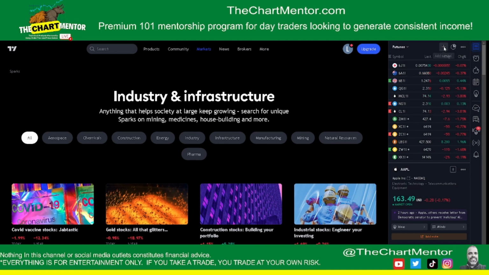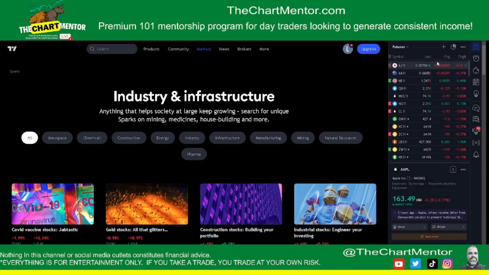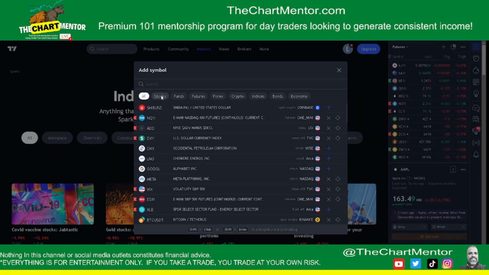To add a symbol, just click add, the plus sign on the watch list, and now you have stocks, funds, futures, forex, crypto, indices, bonds, and economy. Just click whichever one you want.